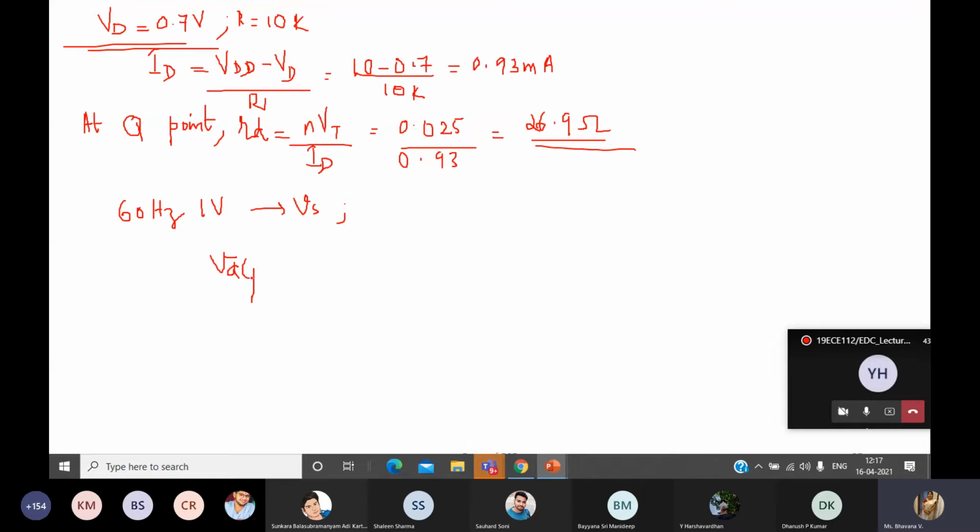What is the peak amplitude of the signal appearing across the resistor? So Vd peak is equal to Vs, that is the input we are applying, into voltage division rd by rd plus capital R. Calculate and tell me.